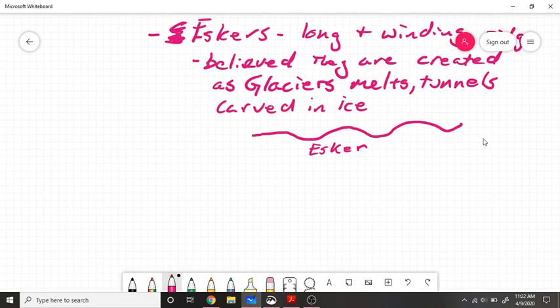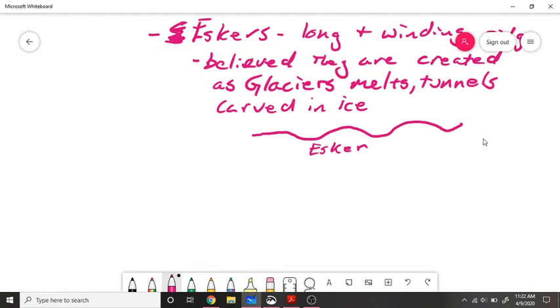The longest esker in the United States is actually here in Massachusetts. It is located in the Great Esker Park, which is in Weymouth.